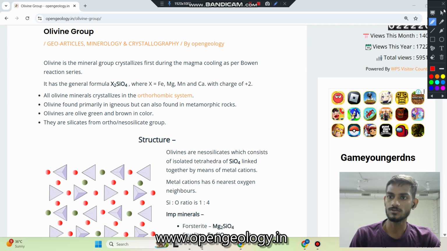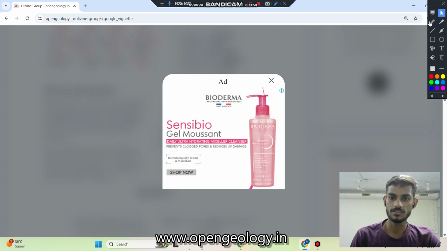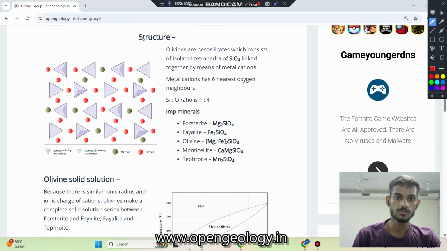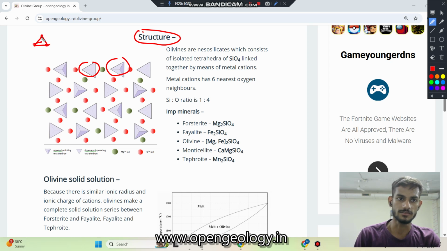Now let us see how the crystal structure of olivine is presented. The crystal structure is made up of isolated tetrahedra. As you know how a tetrahedron is formed, there are three oxygen atoms and one above them. Where you can see the point, the tetrahedron is pointing upward, and where there is no point, it is pointing downward.